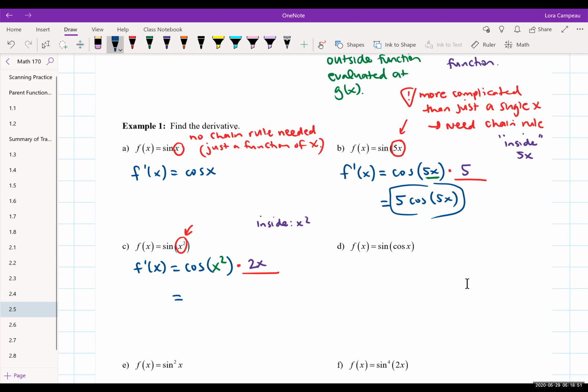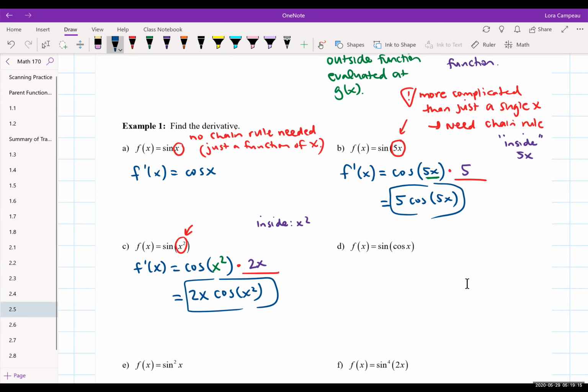A lot of times we like to put the linear factors in front of the trig function. So we should have 2x times cosine of x squared. That's our derivative. And we just keep practicing. This is how we get better at this.